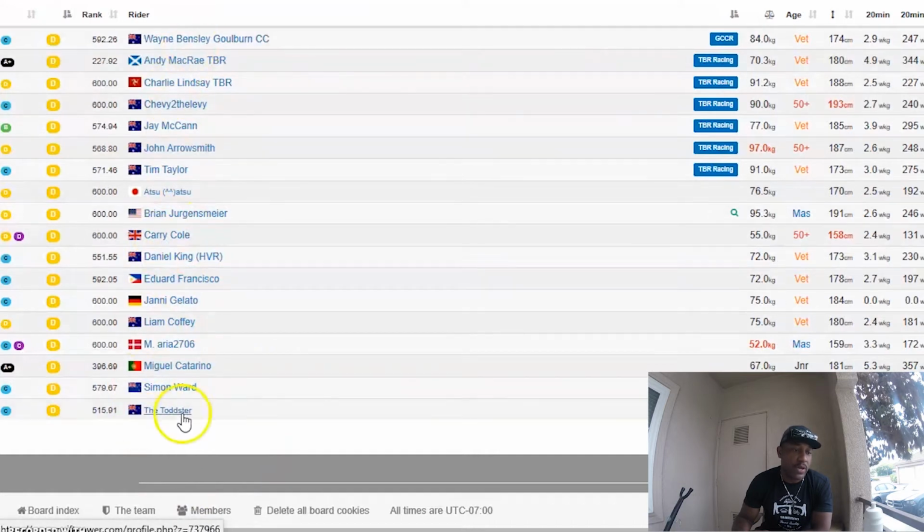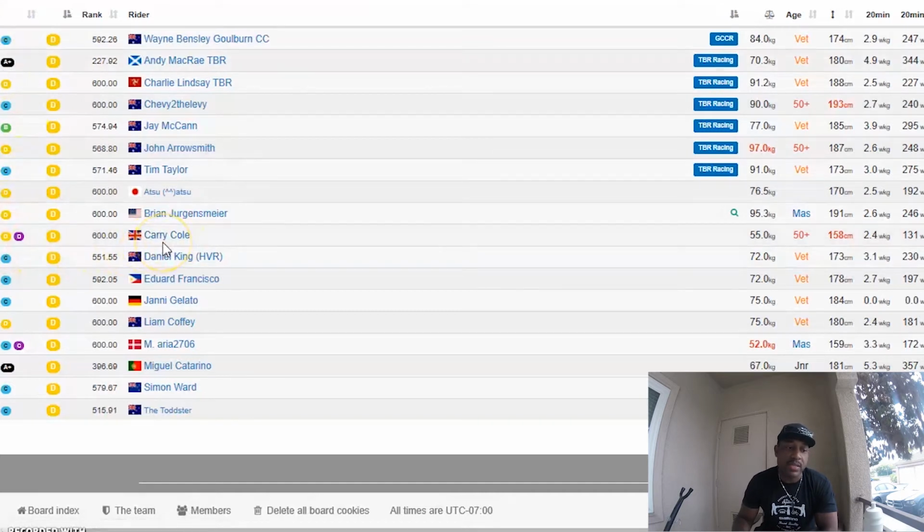What this means over here to the left is that the category is D for this specific series, but yet the person is legitimately a C grade racer. So Andy is an A+ grade racer, and then you get down to something like what you see here next to Carrie Cole.